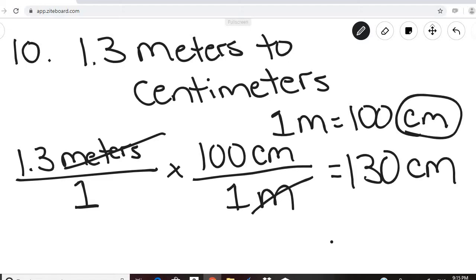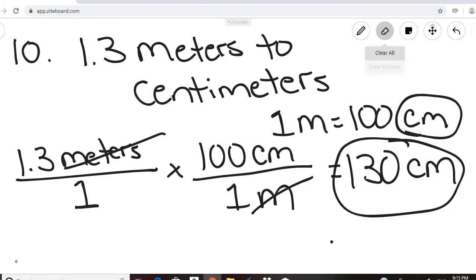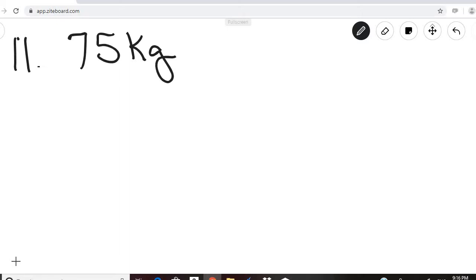So the answer is 130 centimeters for number 10. Okay, the next problem is number 11. And here we are given that a person's mass is 75 kilograms, and we are asked how many grams that equals.